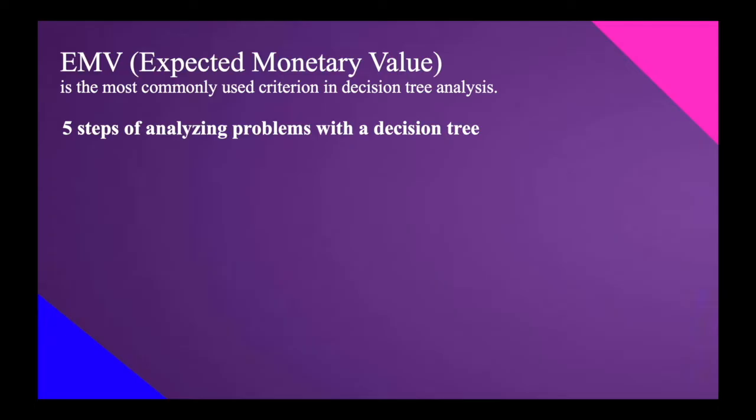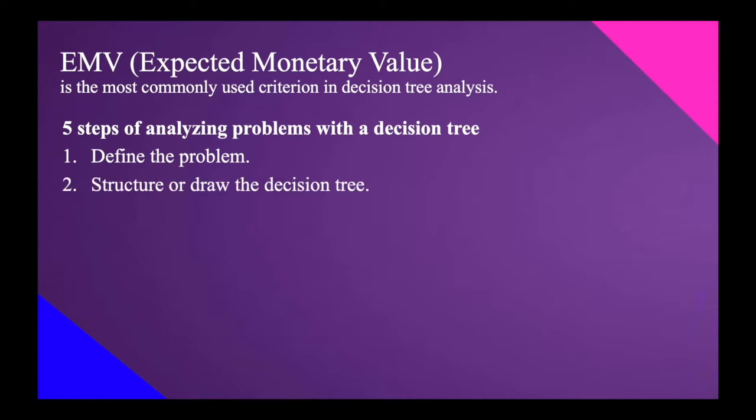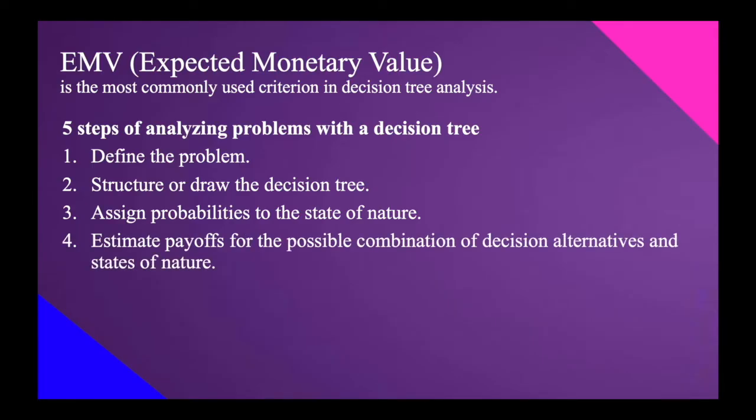So, we have 5 steps of analyzing problems with a decision tree. First, of course, we define the problem, followed by structuring or drawing the decision tree. That is why I showed the shapes we use in a decision tree before this slide, because that is the second step. For the third step, we assign probabilities to the states of nature. Fourth, we estimate the payoffs for the possible combinations of decision alternatives and states of nature.